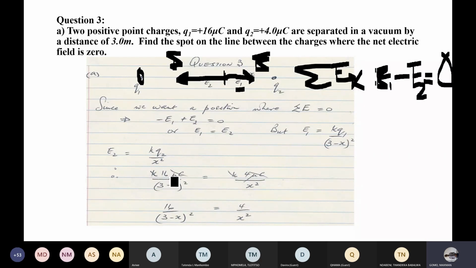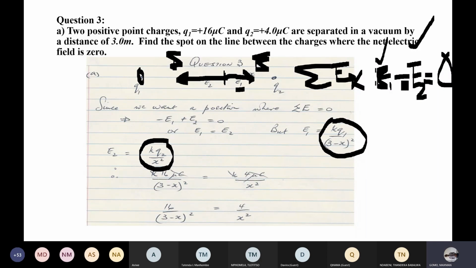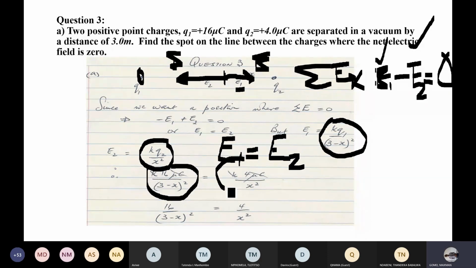So when you find your value of E1, which is this, and then you find your value of E2, which is this, you come and put E1 here, and then you come and put E2 here. Since E1 is positive, E2 is negative. If you take E2 to the other side, you have an equation that says E1 is equal to E2, like this. So you take the value of E1, then you equate it to the value of E2.